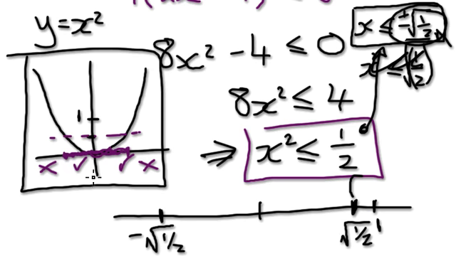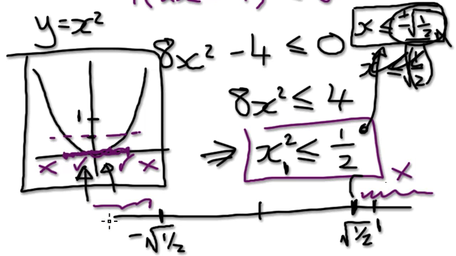Okay, and then we've established that the region on the inside is good, because if you select, let's say, the number 1 and put it into here, 1 squared is 1, and you're saying 1 is less than or equal to a half. So anything on the outside here is bad.